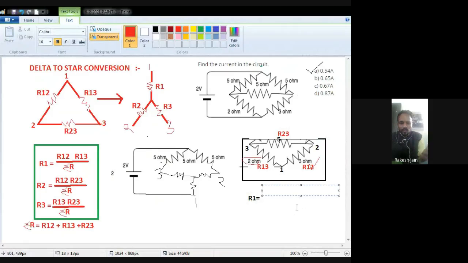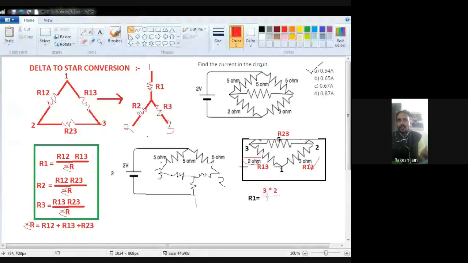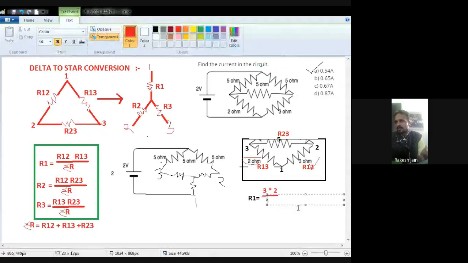If I want to choose this one as my delta, then definitely this delta network will be removed completely, and instead of this delta, a star network will become, just like this one. The first node is the bottom one, that's why a resistance connected there will come there.